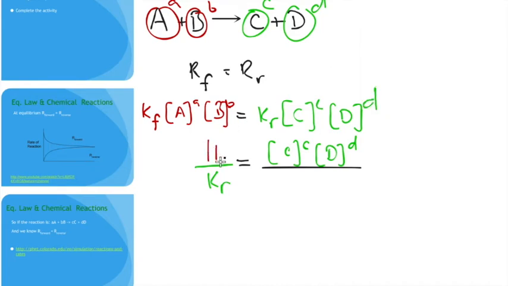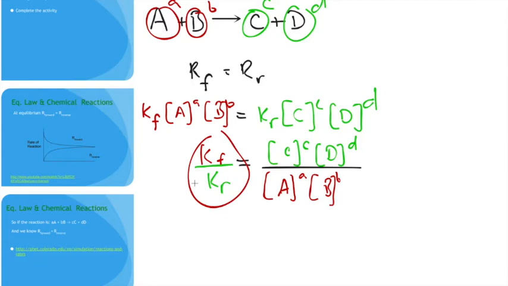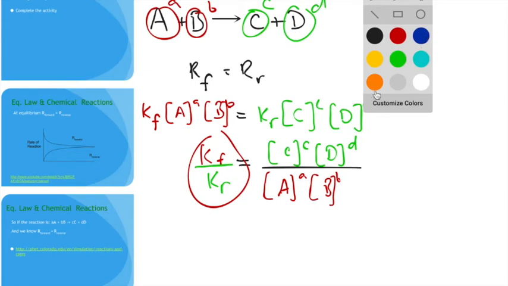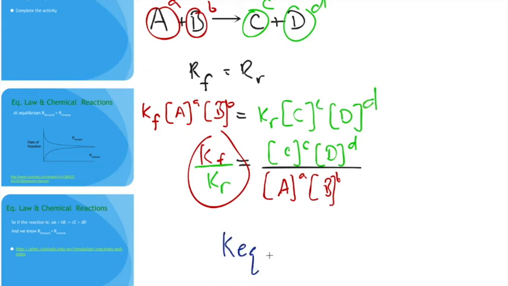And of course on this side now we're left with k of the forward reaction, and this side we have A to the a and B to the b. This means that our KQ expression is essentially the ratio of our k values, kf to kr. Or we can say this expression here equals Keq. So Keq essentially is the concentration of products compared to reactants using the coefficients and exponents that are there.